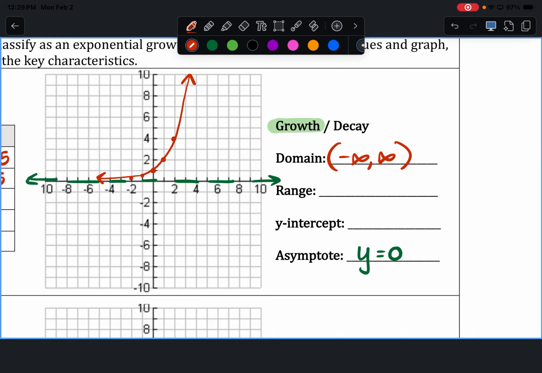Where is the lowest this graph can go but not touch? 0. And it goes up to infinity. Now, because it cannot touch the asymptote, will it be a parentheses or a bracket? Parentheses. Then where is the y-intercept? What's the point of the y-intercept? The whole point. 0, 1. There we go. That is all we have to do to graph it.